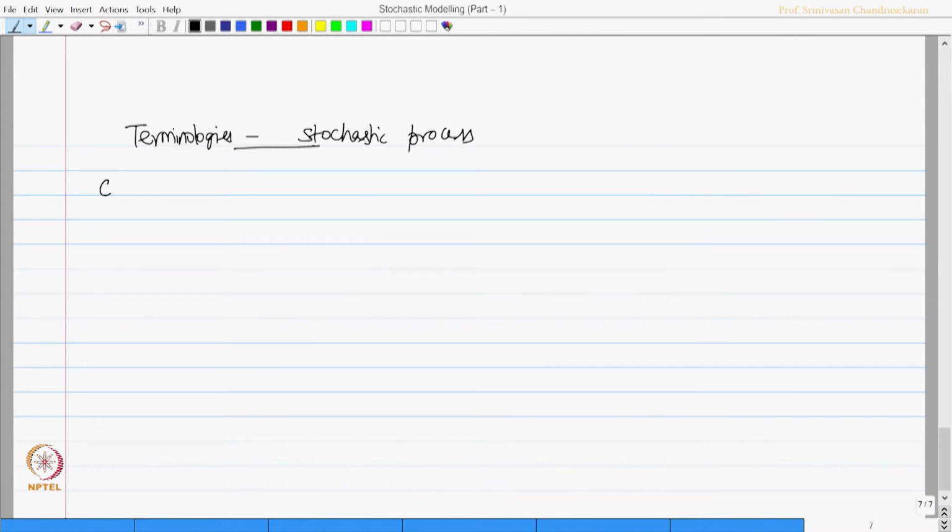Let us talk about the cumulative distribution function, which is F of x of a random variable x.